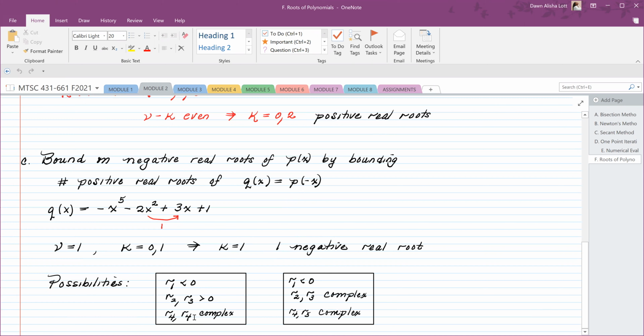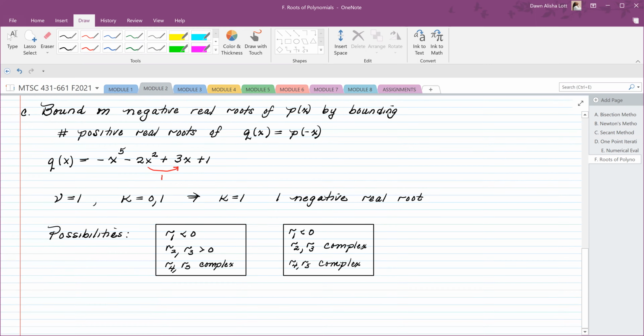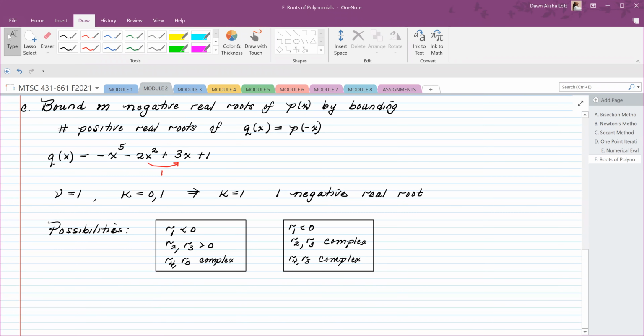That should say 4 and 5. That's the 5th root. And then we have, it could have no positive roots, 0 positive roots, and all the other roots are complex.